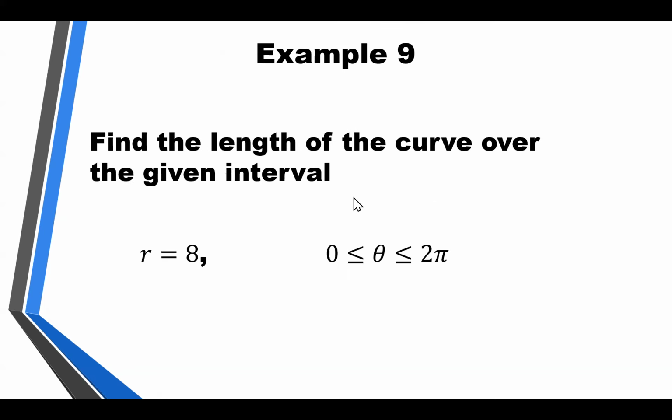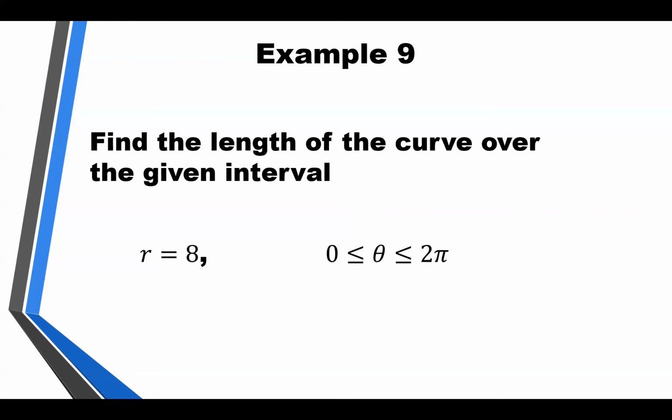Let's take an example that we know what should happen on, and let's see if it works the way we think it should. Let's find the arc length or the length of the curve over a given interval.